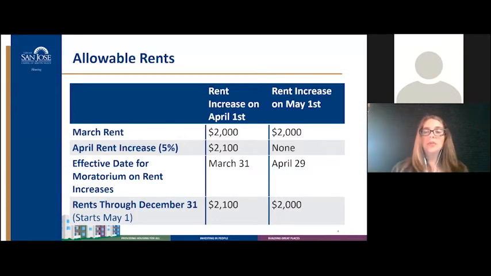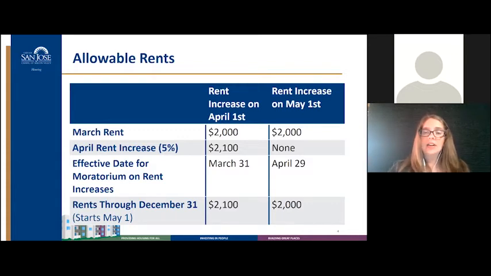So their new April rent was $2,100. The moratorium on rent increases was not retroactive, so any April rent increases that went into place remain in place. This means the rent will remain at $2,100 through the term of the moratorium, and it will not be impacted by this action.